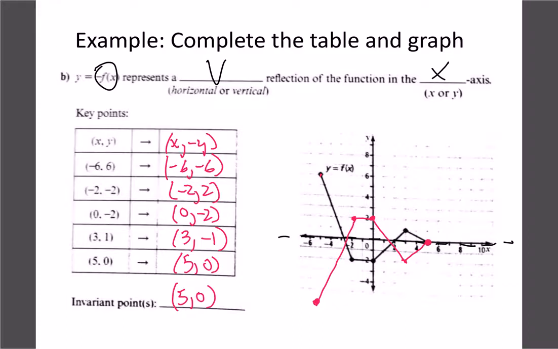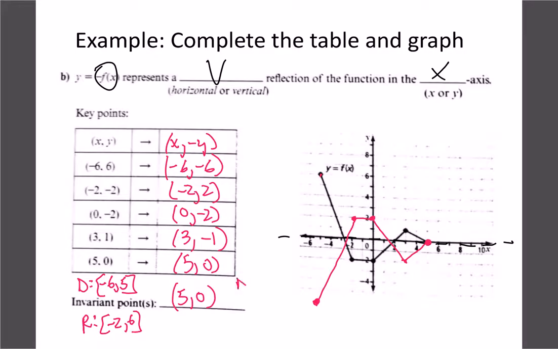Okay. Before we move on, let's look at the domain and range of these graphs as well. Our original function had a domain of negative 6 to 5, and it had a range of negative 2 up to 6.